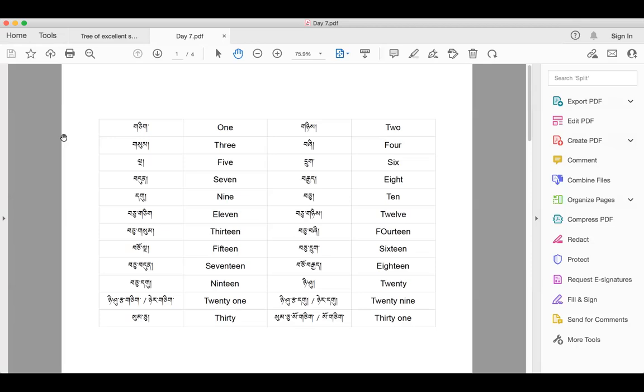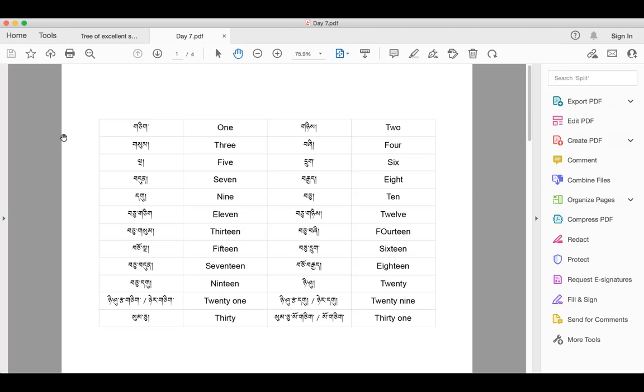Some of you who have already studied the basic conversation in other classes, for you this will become a revision, and I cannot say 100%, but I might be able to bring out some things that might be new, or it might be something that you have already studied.